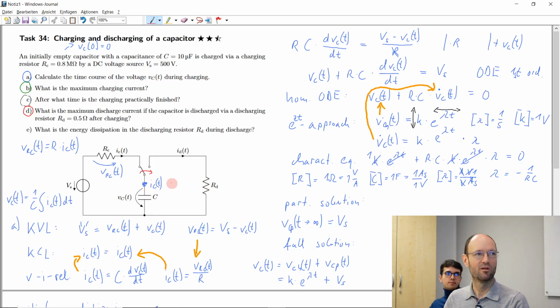Exactly. So if we have fully charged this, 500 volts, we switch over the switch. Now we will have the 500 volts across the resistor because the 500 volts need to go somewhere.